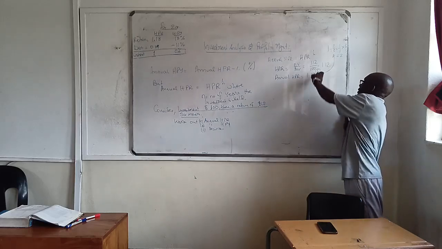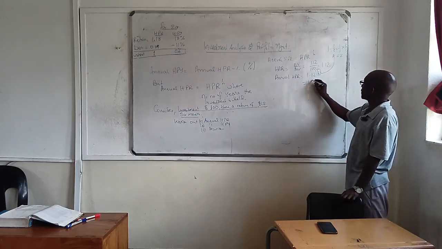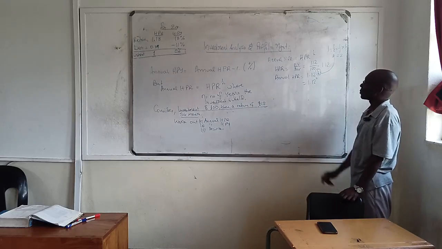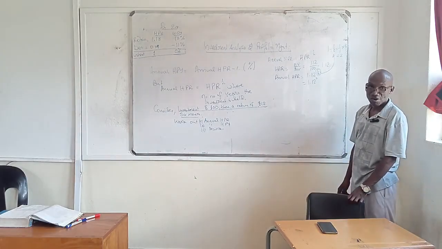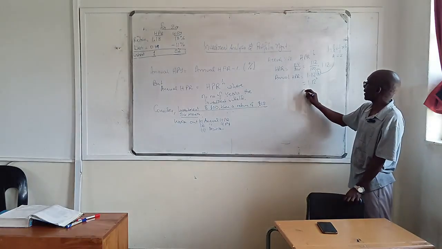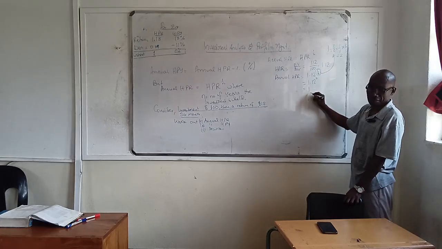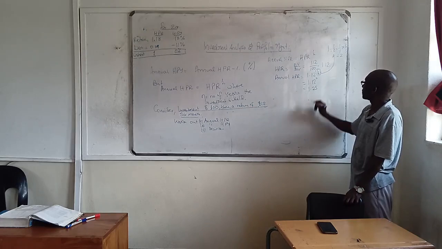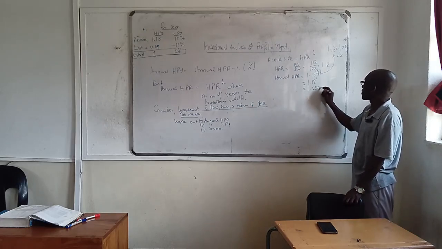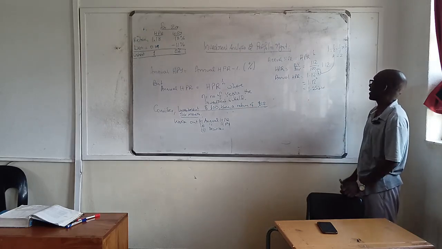Therefore, the whole of this is going to be 1.12 to the power 2. Squaring that gives you 1.2544. That is our annual HPR.